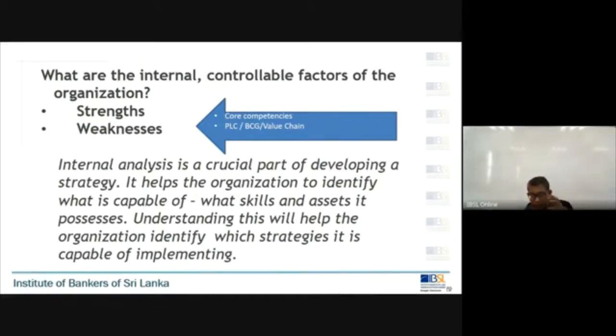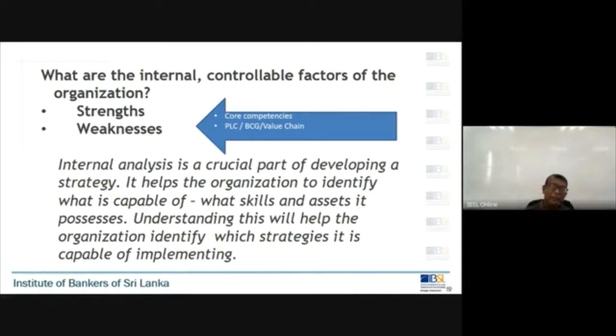We carry out three types of analysis: PESTEL analysis, Michael Porter's five forces analysis, and the diamond theory.